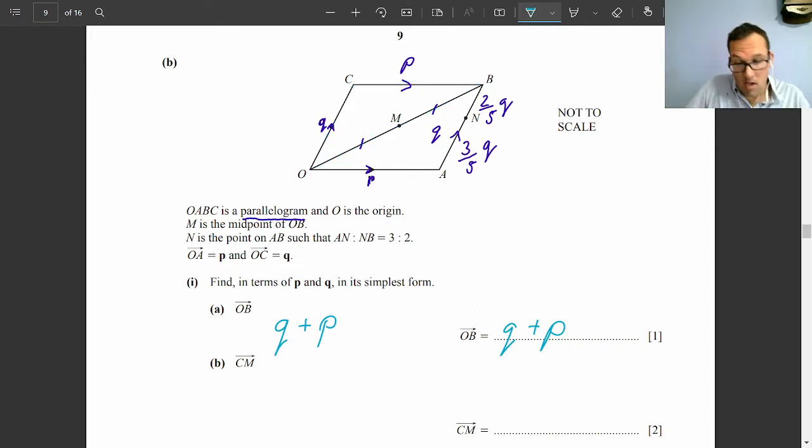Question 5b, part 1b, CM. CM is a vector going from there to there in that direction. Okay, again, we follow a path that we know. We can go from C to B to M, or we can go from CO to OM.